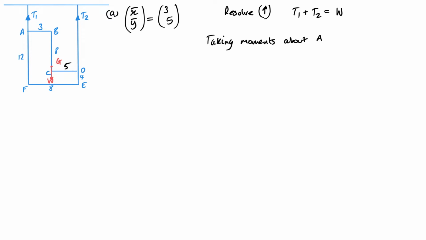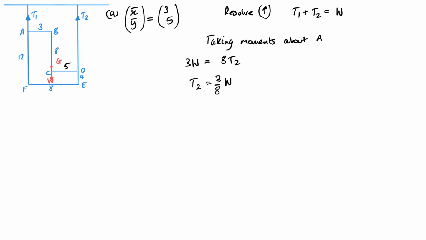So we've got 3W going in this direction. And now T2 is going in this direction, and that's a distance of 8. So that gives me 8T2. So we've got T2 is 3/8 W.